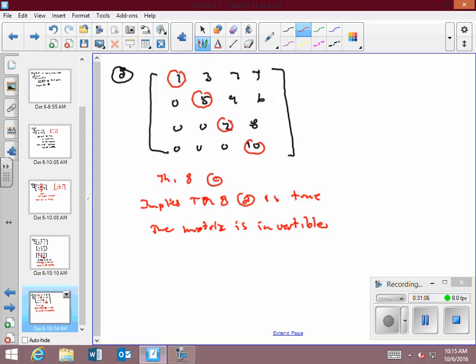So it's just using that theorem 8 to work out why something is true.